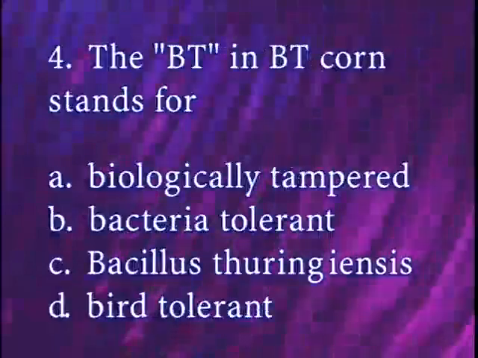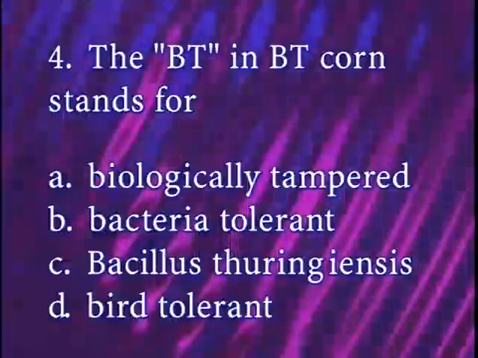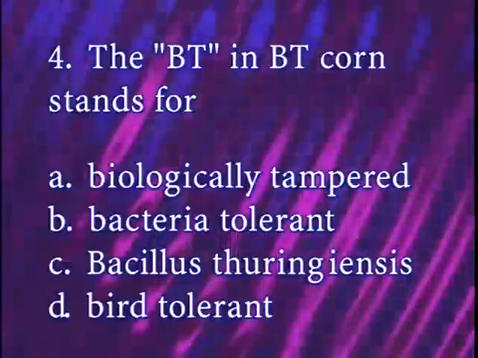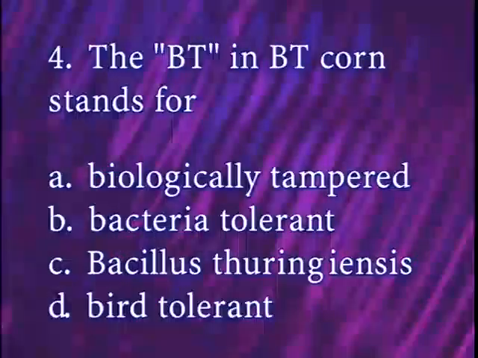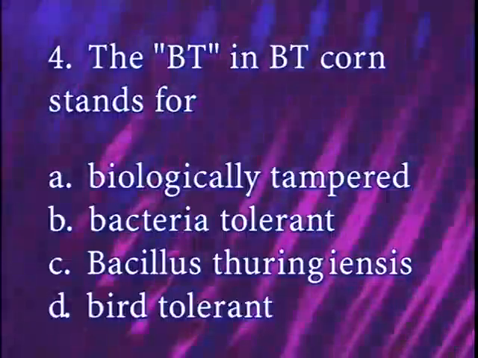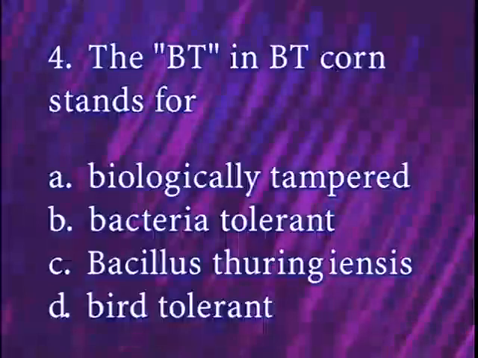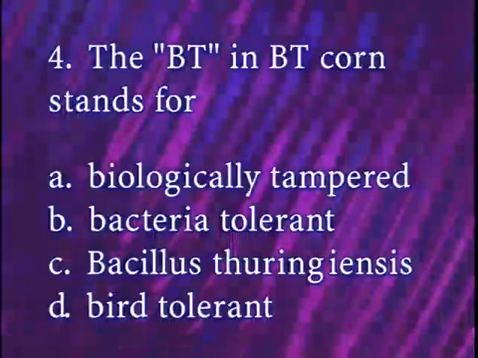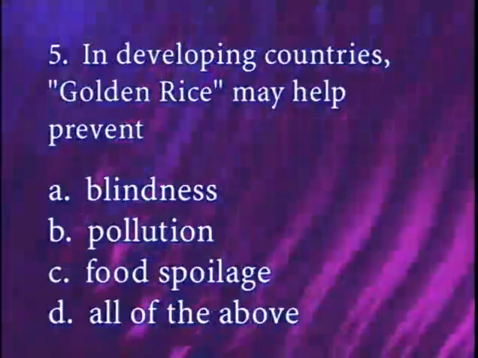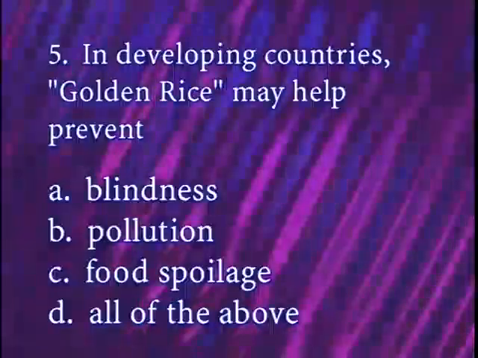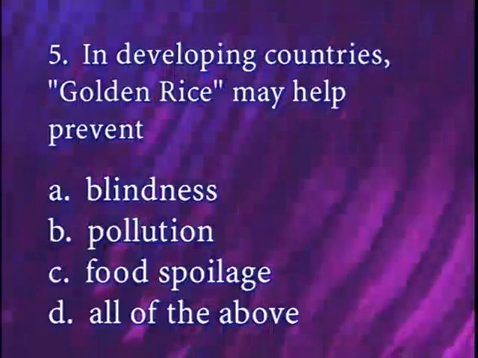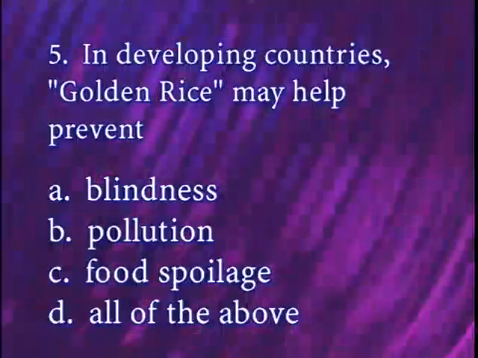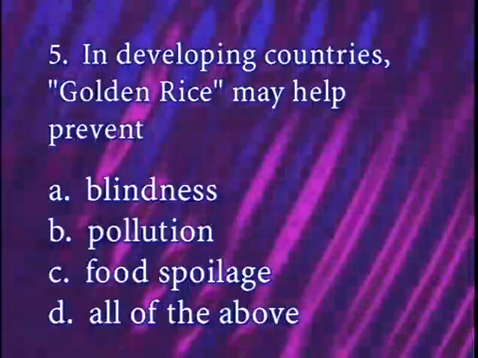The BT in BT corn stands for A. Biologically tampered, B. Bacteria tolerant, C. Bacillus thuringiensis, D. Bird tolerant. In developing countries, golden rice may help prevent A. Blindness, B. Pollution, C. Food spoilage, D. All of the above.